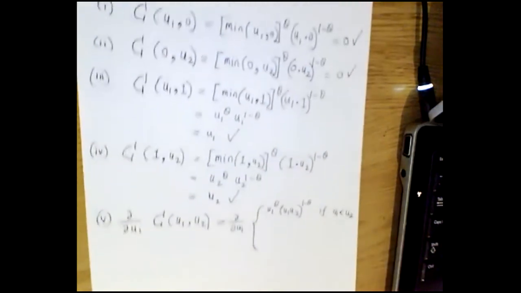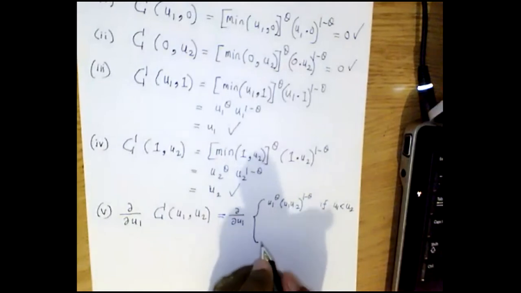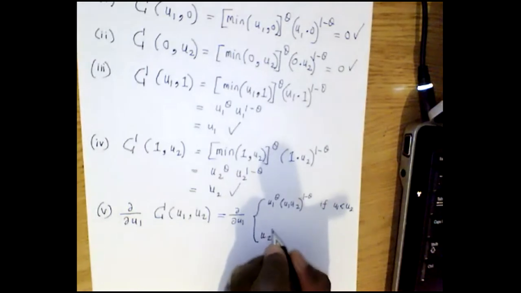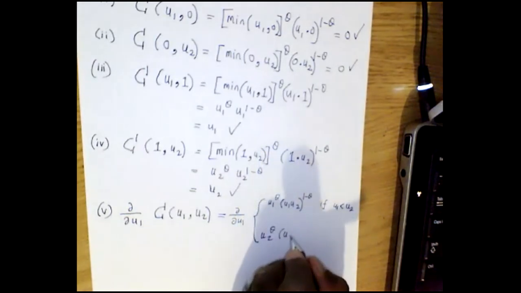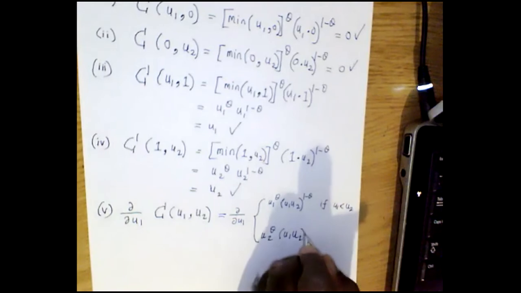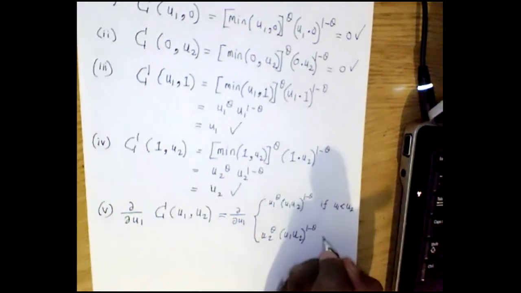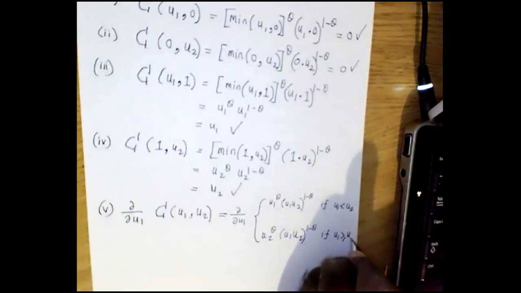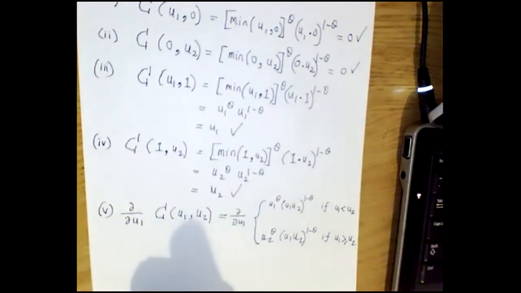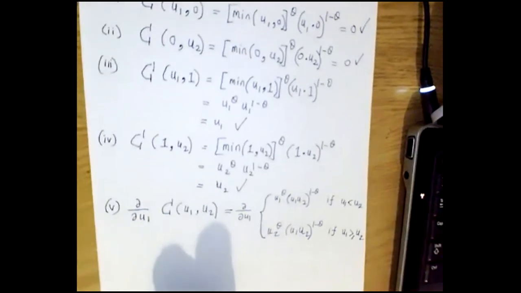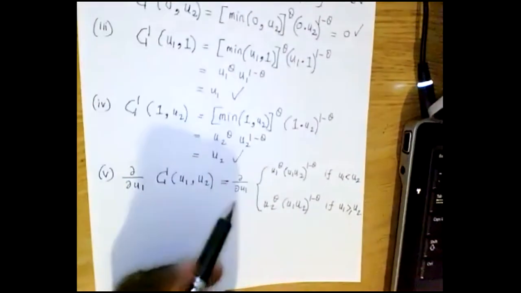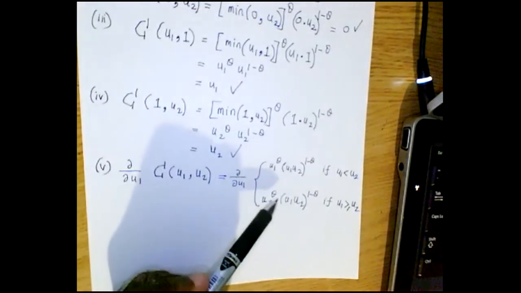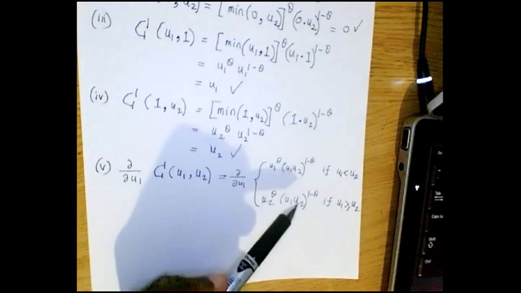This is what you will get. On the other hand, if u1 is greater than or equal to u2, this is what you have, right? Because otherwise you can't take the derivative without actually separating the two cases, right?